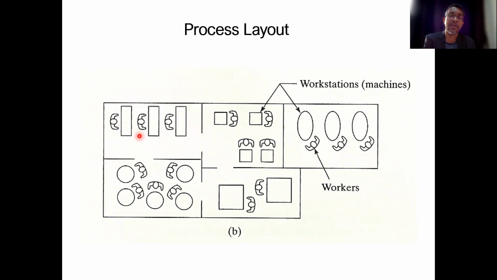So they do a bulk production to process in this section, and in another similar section they use another machine, for example a lathe machine, to produce another product. They have, for example, the grinding machine. So they divide by section, so they call it a process layout.